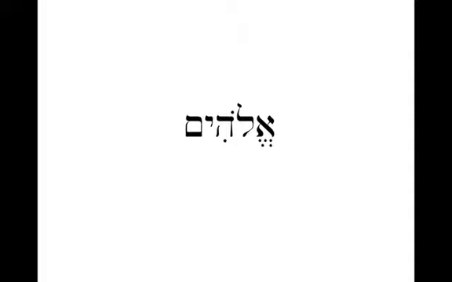You'll notice that the word itself has an "im" ending, so it seems to be plural, and this element of the word has puzzled scholars for centuries. So you might ask yourself, how can we tell if we hit this word whether it means God in the singular or gods in the plural?